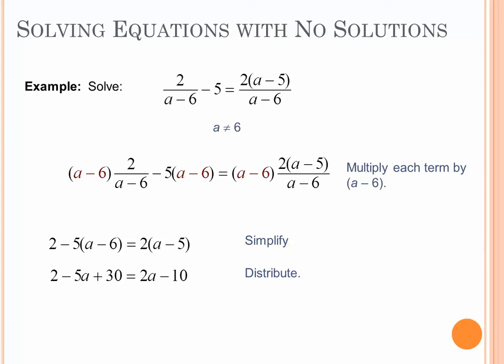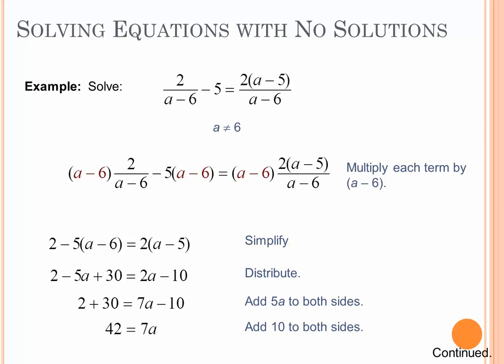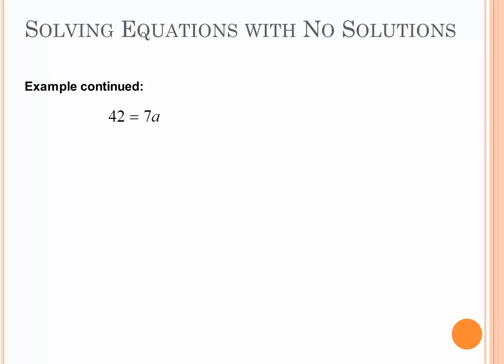So when you distribute the negative 5 over the negative 6, you end up with a positive 30. That's key. Gather up like terms. Finally divide. We got that a equals 6.